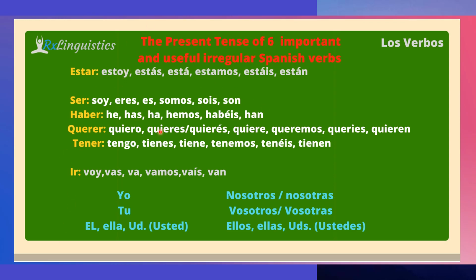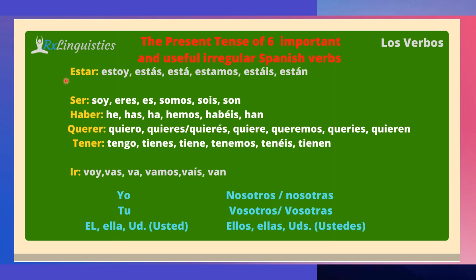Well, let's look at some irregular present tense here. All Spanish verbs end in AR or ER or IR.